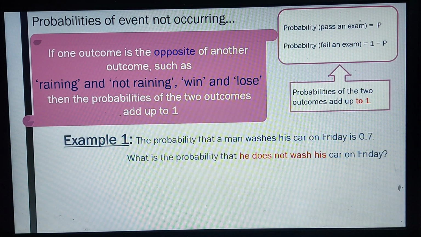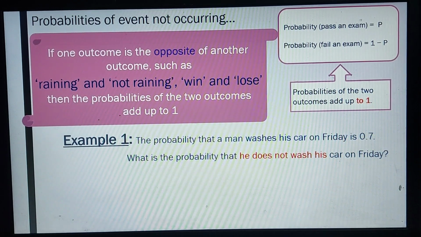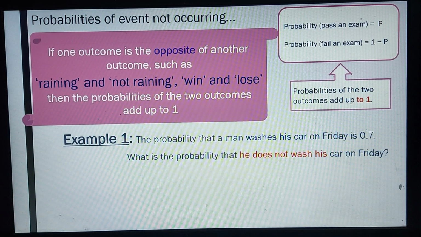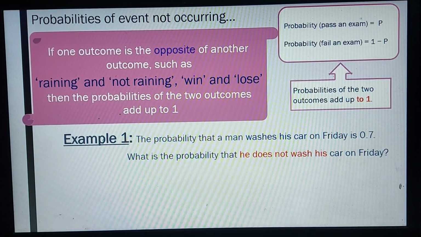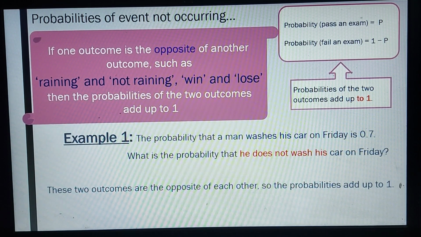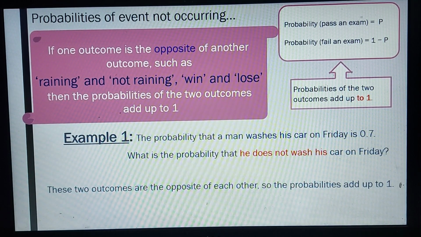Now let's take a look at the first example. It says that the probability that a man washes his car on Friday is 0.7, what is the probability that he does not wash his car on Friday? Now remember that these two outcomes are the opposite of each other, so the probabilities add up to 1.